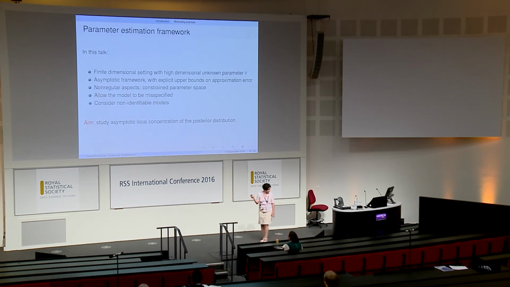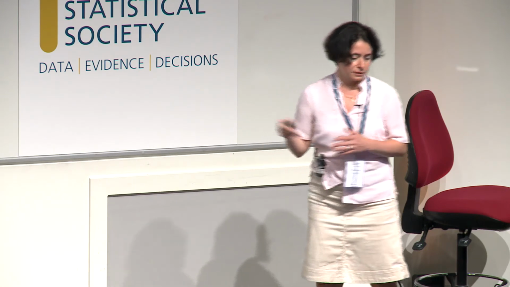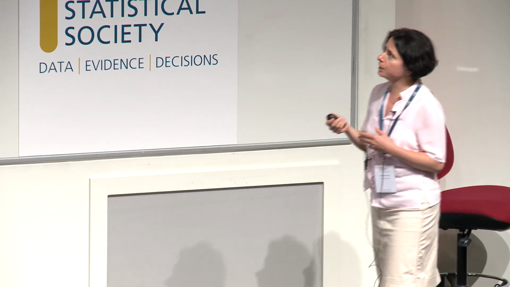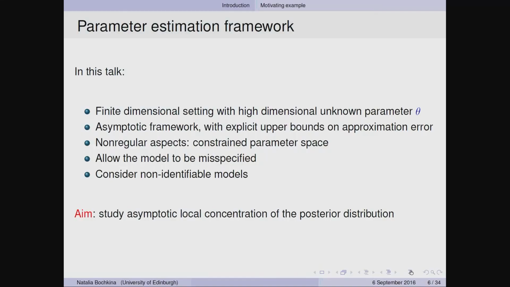Just to talk through the setting, I assume the finite dimensional setting, but with the possibility that the dimension increases. It's an asymptotic framework, but we have a non-asymptotic upper bound on the approximation between the posterior and its limit. There are non-regular aspects, including constrained parameter space and degeneration of the likelihood.